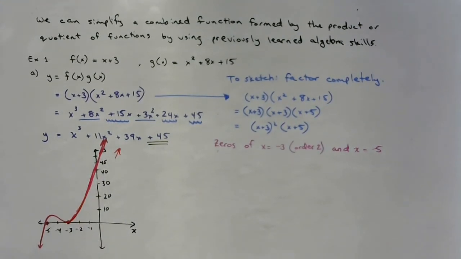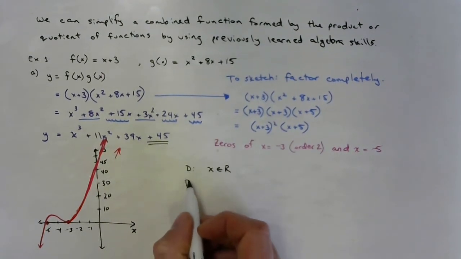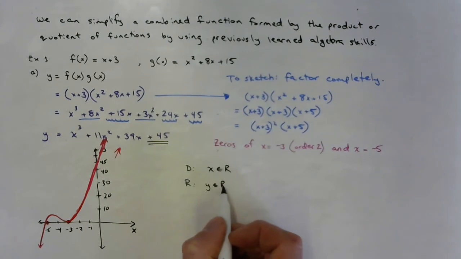So because there are no restrictions on the domain of the original two functions, there are no restrictions on x and y. The domain is x belongs to the set of real numbers, range y belongs to the set of real numbers.